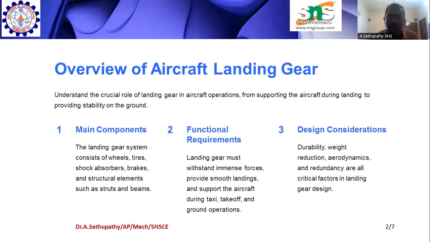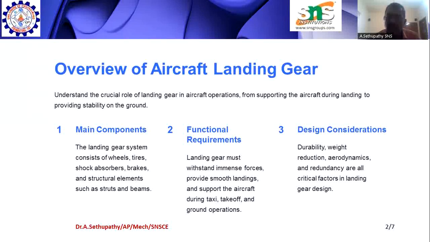The second one is functional requirement. The landing gear must withstand immense forces, provide smooth landings, and support the aircraft during taxi, takeoff, and ground operations. So these are the functions of the landing gear.